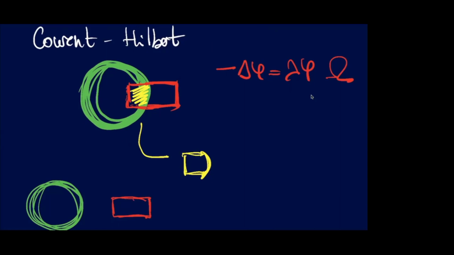You solve it in the disk, for which you have a very nice Green representation formula using radial coordinates. This gives me the first approximation in the disk. The first approximation on the disk gives me also the first approximation on this common part, and this gives me also the boundary trace over here. So in this way, I will have the boundary conditions on the rectangle.